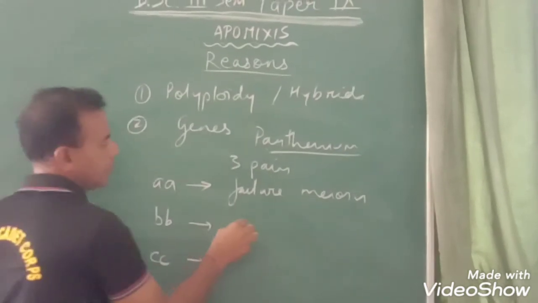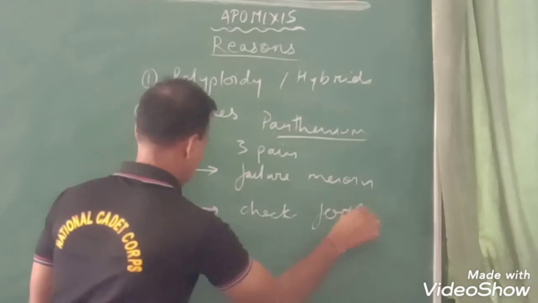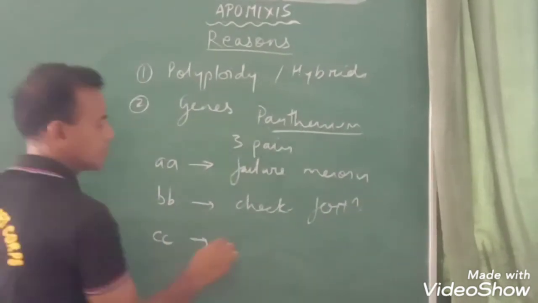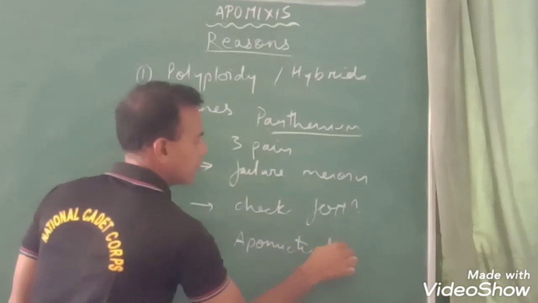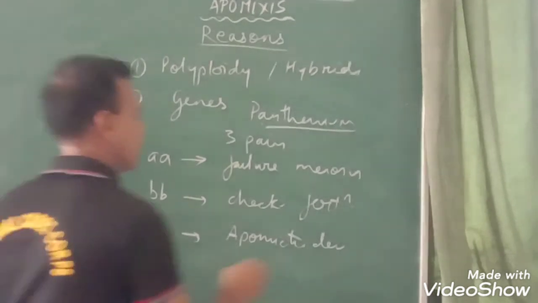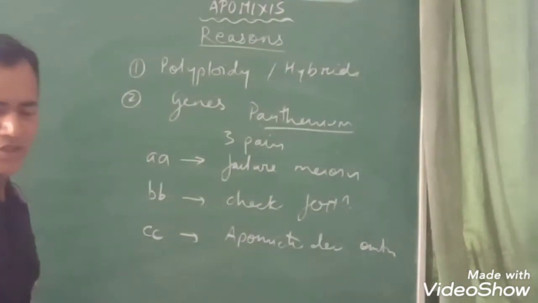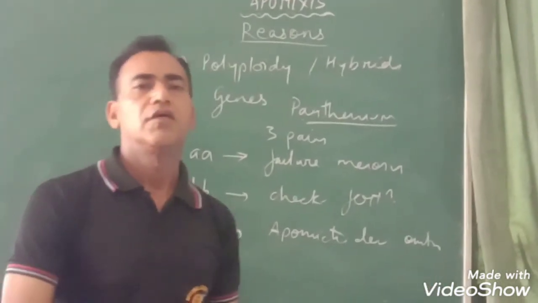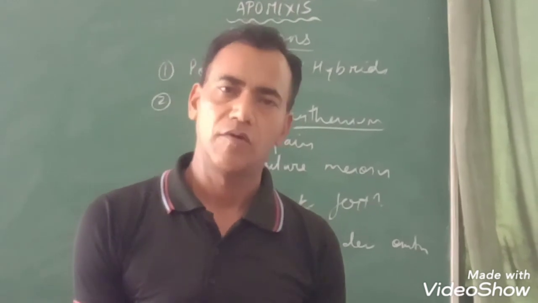Small bb checks fertilization, and cc is responsible for the apomictic development of embryo. So these are some of the reasons that are being given for the apomictic development.